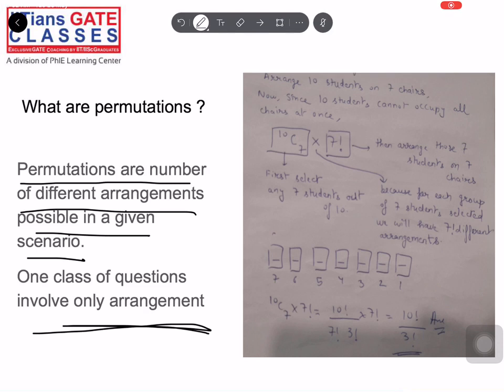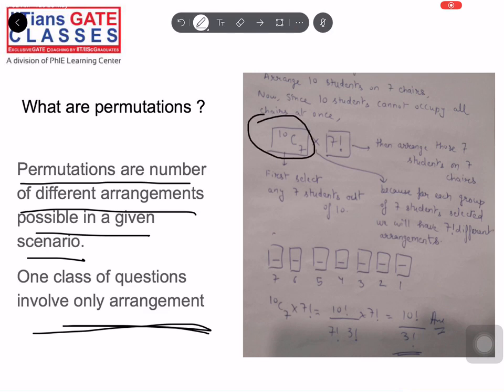So I need to select 10 students and make them sit on 7 chairs. Of course, all 10 students cannot occupy all chairs. So out of those 10 students, first I'll select 7 students.